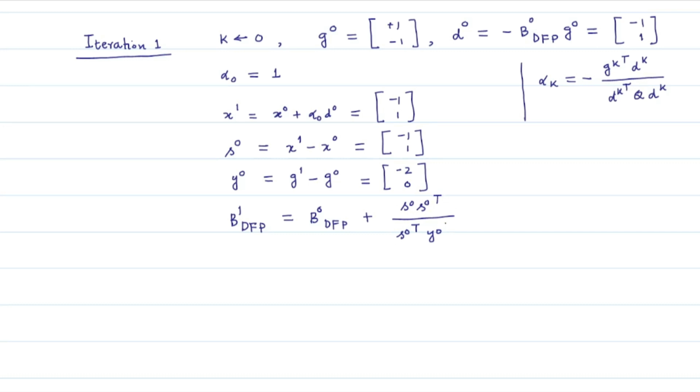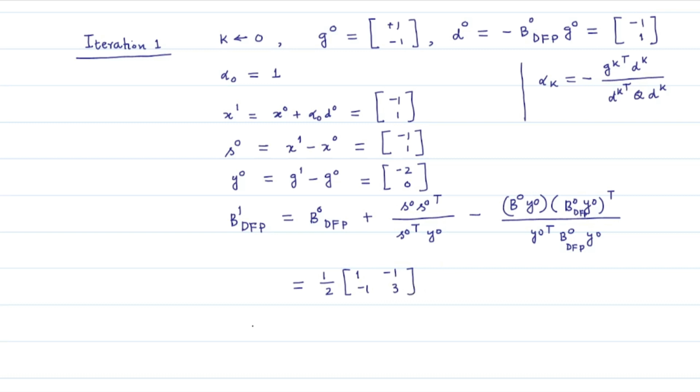This writing is just informing us you compute 1 over s0 transpose y0, then multiply this scalar with the matrix s0 s0 transpose. Similarly here, the rest expression is negative B0 y0 times (B0 y0) transpose divided by y0 transpose B0 y0, where this B0 is B0 DFP. Here also B0 DFP. You please go for checking that this matrix will be given by half times the matrix [1, -1; -1, 3].